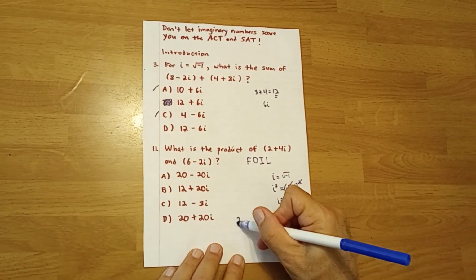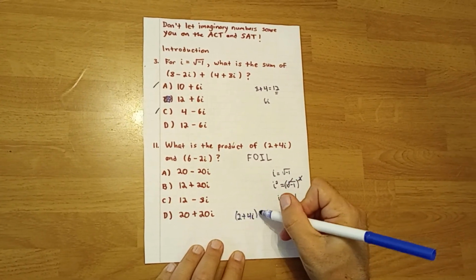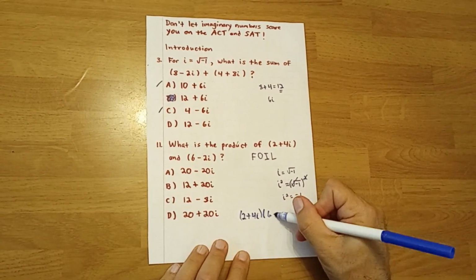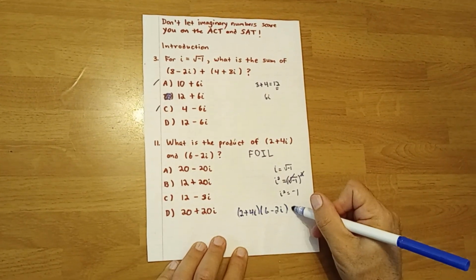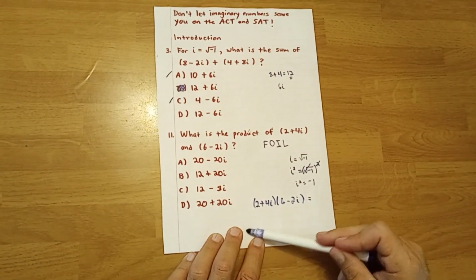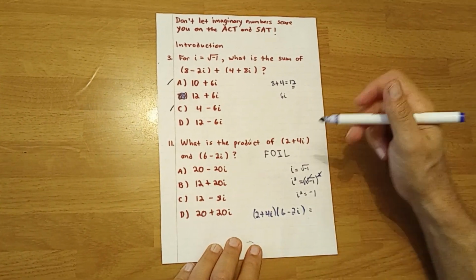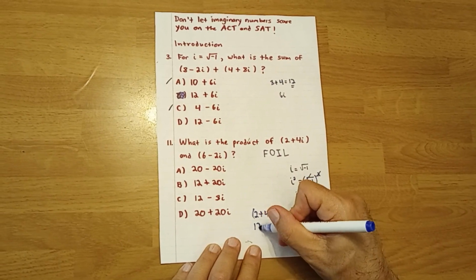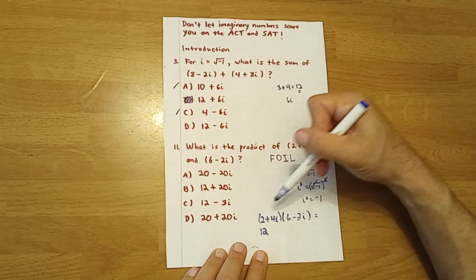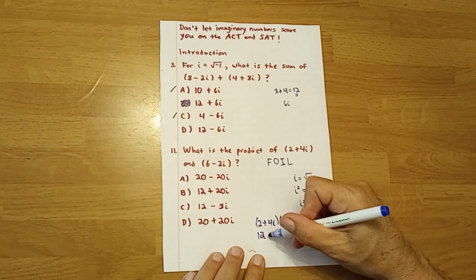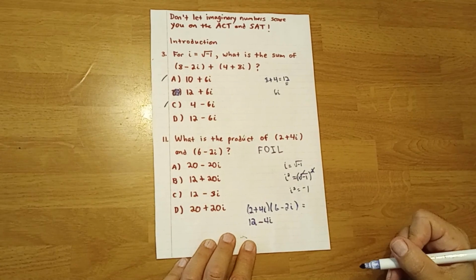So we have 2 plus 4i times 6 minus 2i. So let's FOIL this. First terms, we have 2 and 6. 2 times 6 is 12. Now the outside terms, we have 2 times -2i. 2 times -2i is -4i.